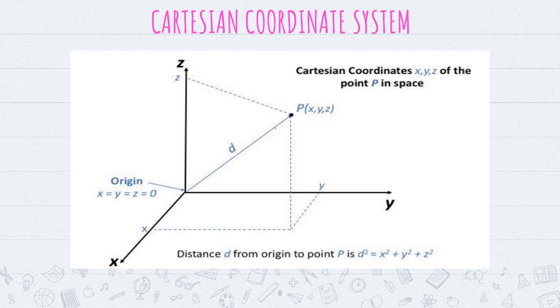Now, consider a point P somewhere here in the space. Join a line from the origin to the point P, and the distance is D. Now, join all the lines from X, Y, and Z to the point P. At point P, the coordinates are X, Y, and Z. So, we can calculate the distance D from the origin to point P as D square is equal to X square plus Y square plus Z square.